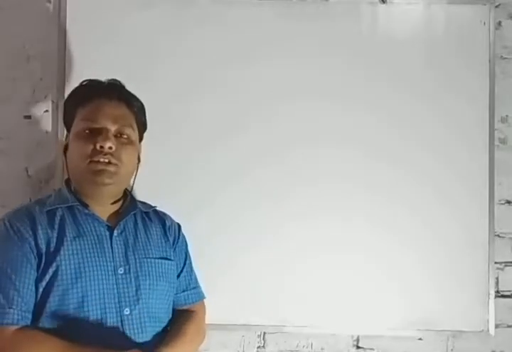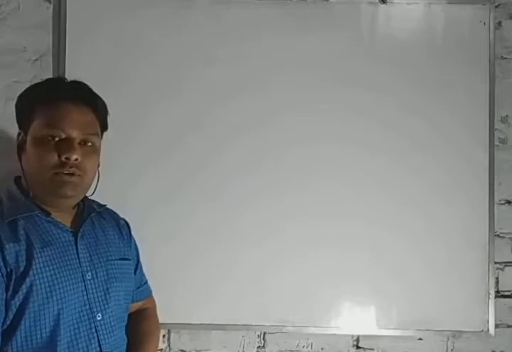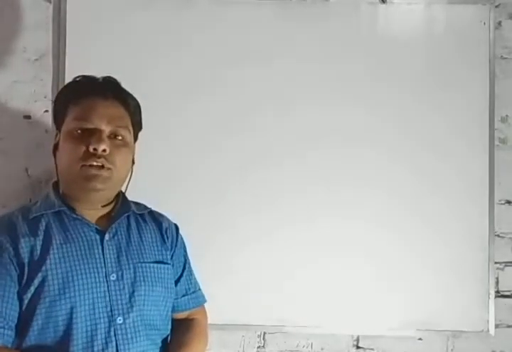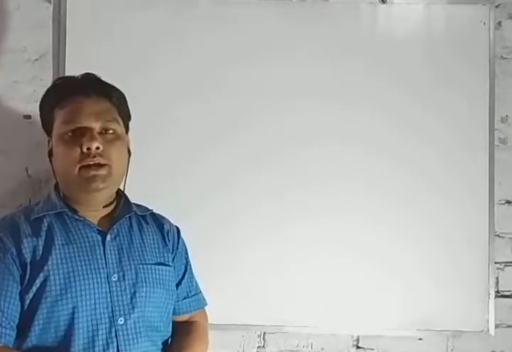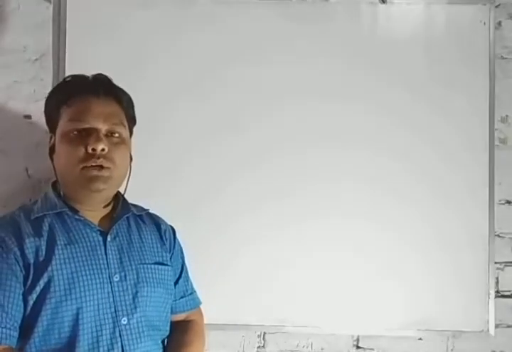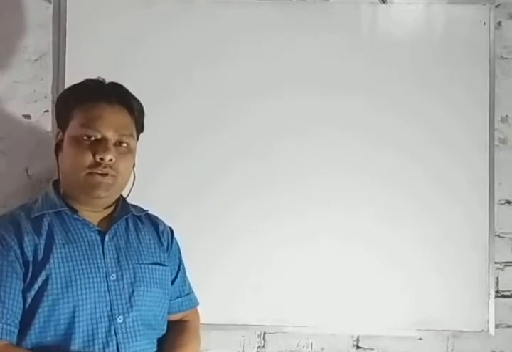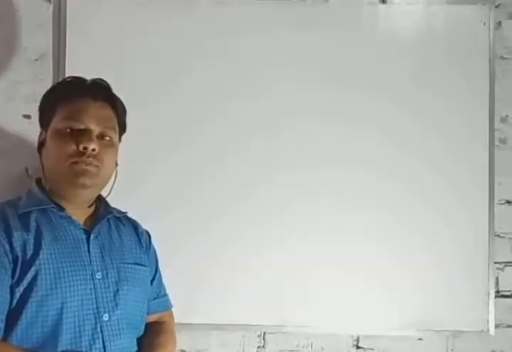In previous videos we have discussed chapter 6, operation on algebraic expression. We discussed what is variable, what is constant, what is coefficient of any expression, and what are the steps to add two or more expressions. We used two methods to add the expression.